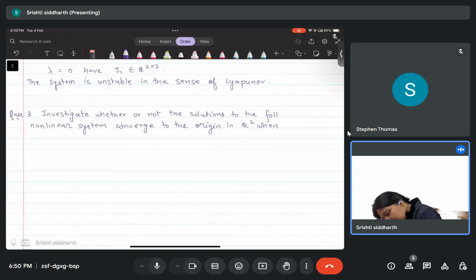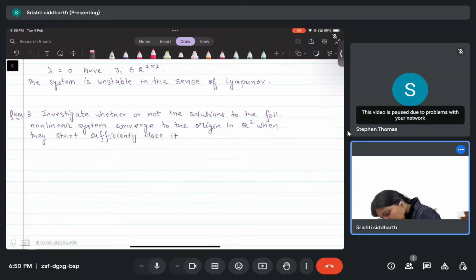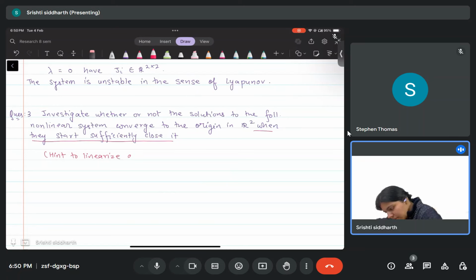Start sufficiently close to it. So this gives us a hint to linearize the system. Linearize the system about the origin.